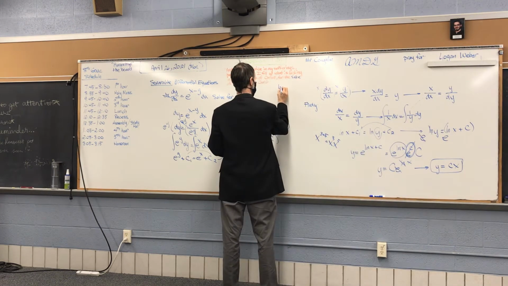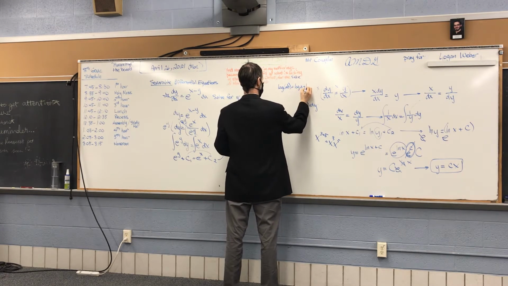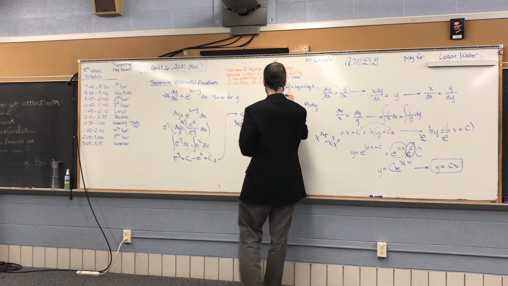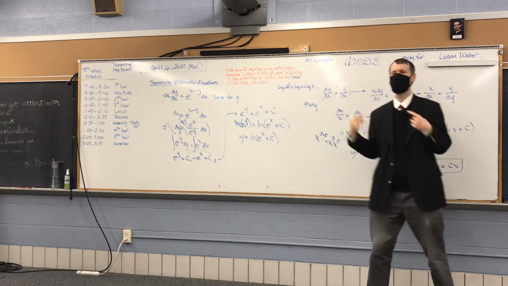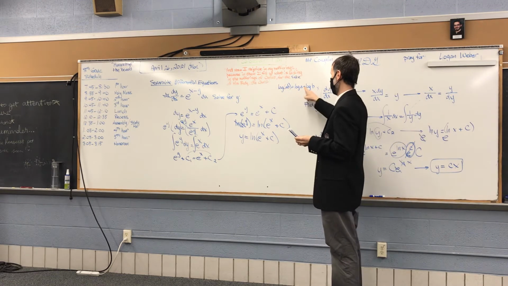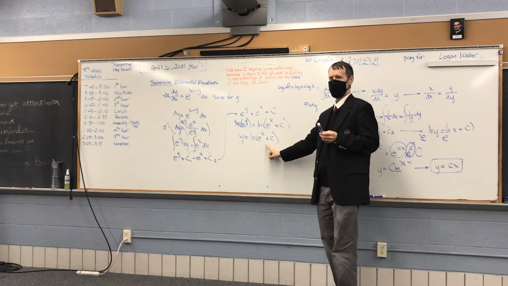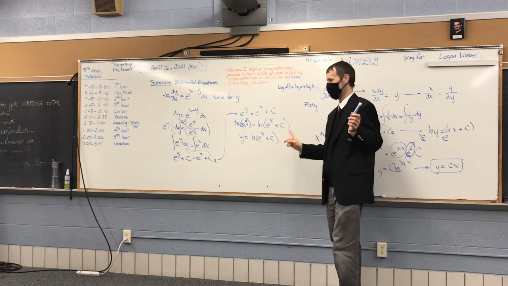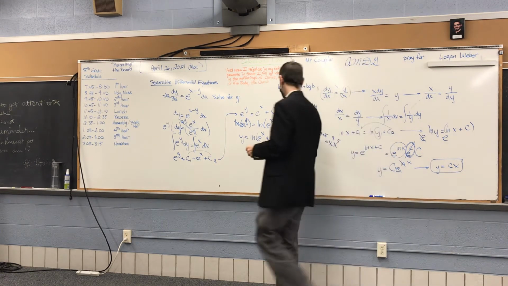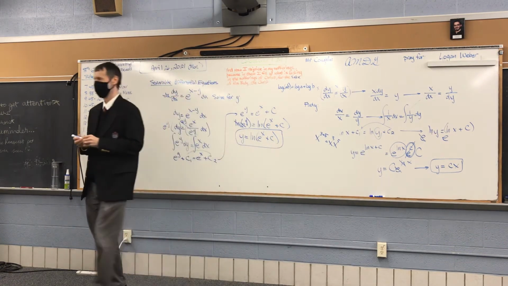What's the log of AB? Log of A plus log of B. Logarithms slow down your function. It takes multiplication and slows it down to addition. But if you already have addition, can you slow it down? No, it's as slow as you can get. You are done. The plus c stays inside.